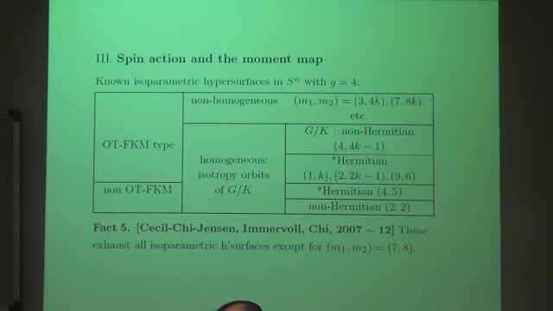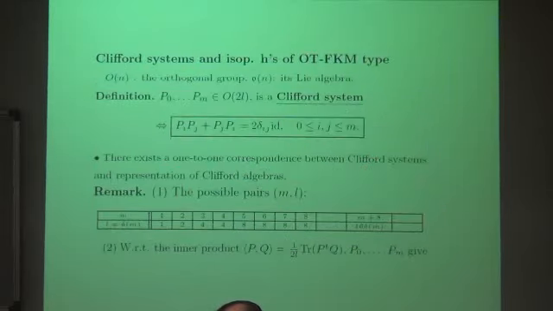Now, what is the OT-FKM type hypersurface? This is constructed by using the Clifford algebra. So I will explain. The Clifford system is given as follows. Let us denote by O(N) the orthogonal group, and little o(N) its Lie algebra. Then a set of orthogonal transformations is called a Clifford system if and only if this relation is satisfied.